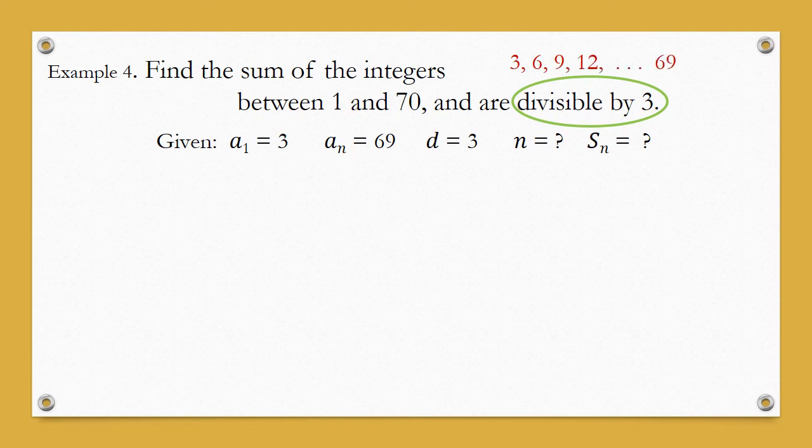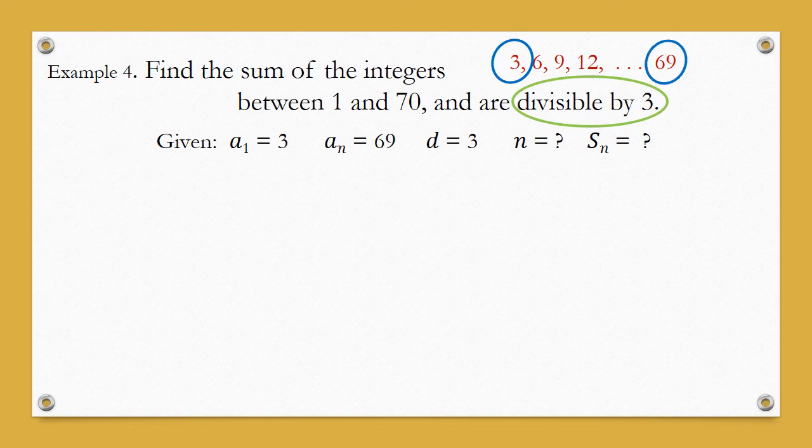Then, ang last between 1 to 70 is 69. Again, ang mga numbers in between 1 to 70 are 3 ang first term and 69 ang last term.